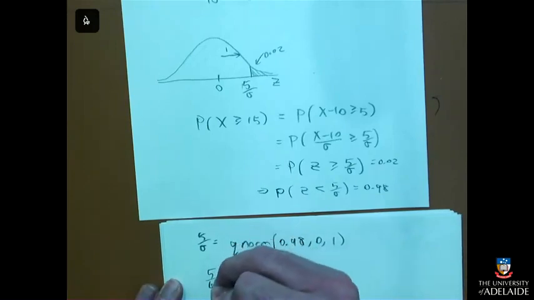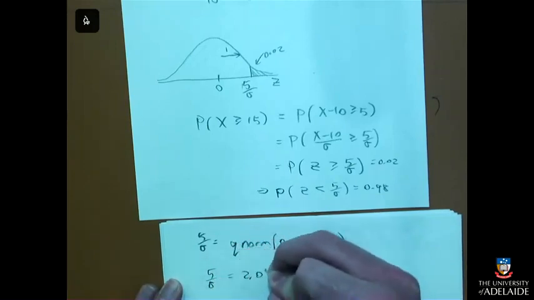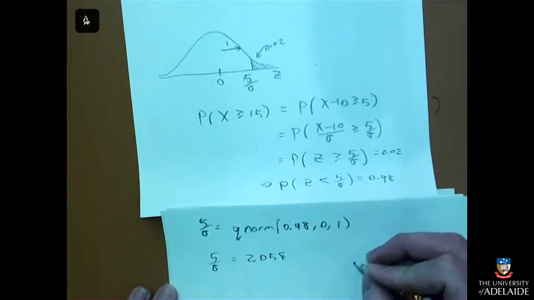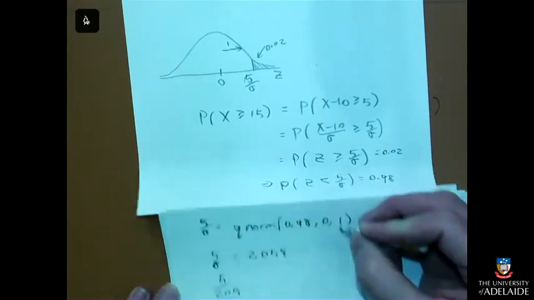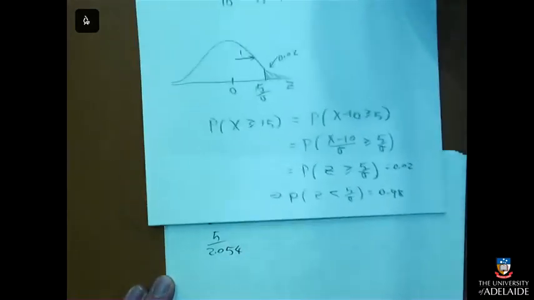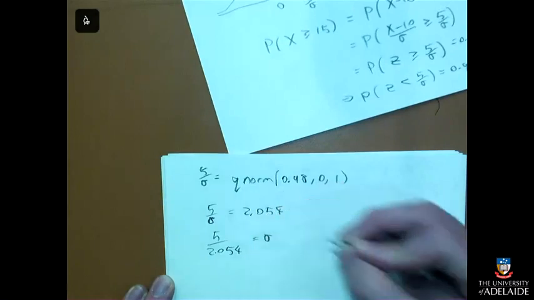So 5 on sigma is 2.054, and therefore my sigma up there will be equal to whatever that is.